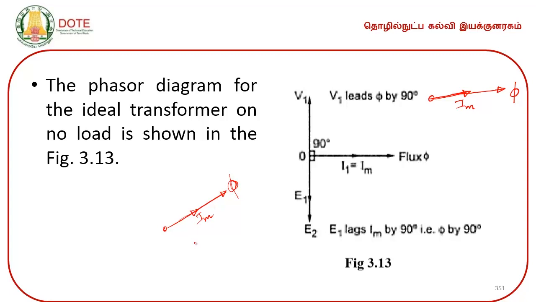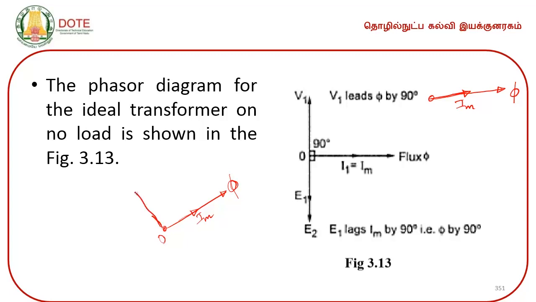Since it is inductive, the applied voltage will be in quadrature with this magnetizing current, or V1 will lead Im by 90 degrees. Whenever you draw a phasor, with O as a center, you have to draw the phasors in the anti-clockwise direction.